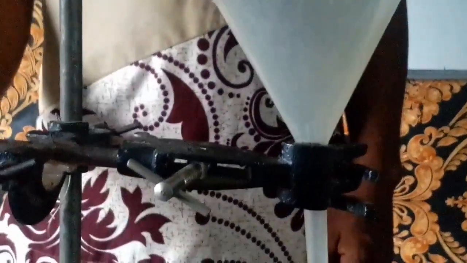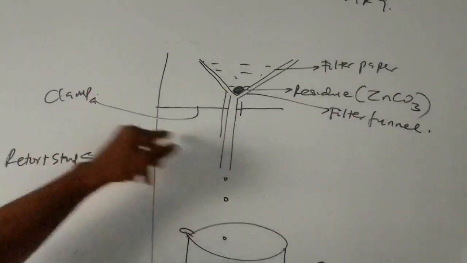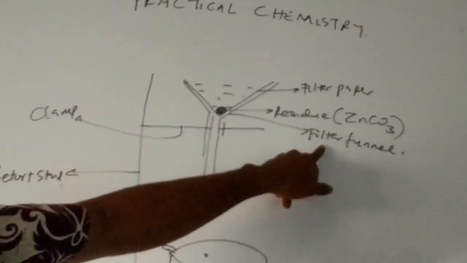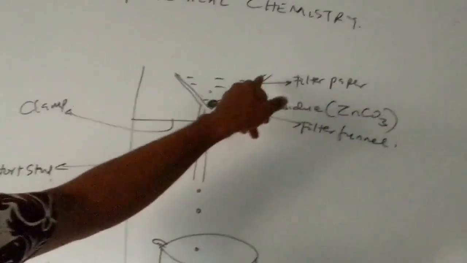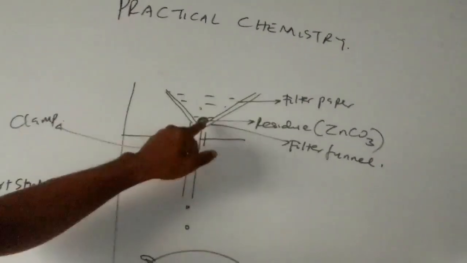We're now going to look at the practical aspect of filtration. I'll have on the board the retort stand, this is the clamp, this is the funnel, the filter funnel. Then inside the funnel we'll have the filter paper. We'll have a mixture of water and zinc carbonate.